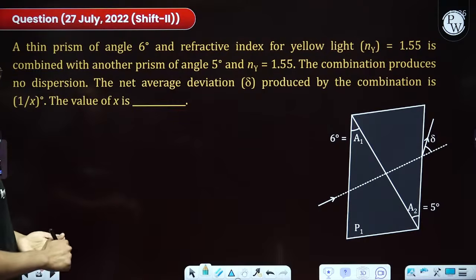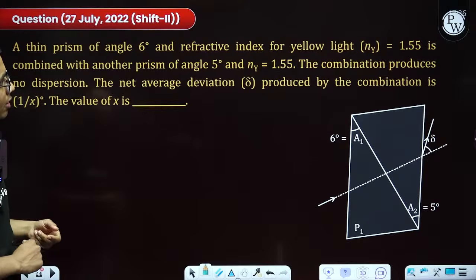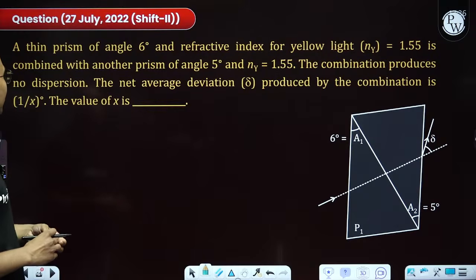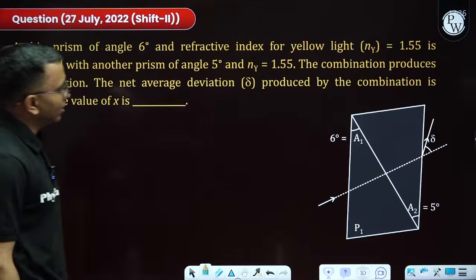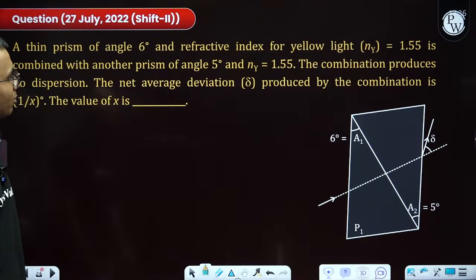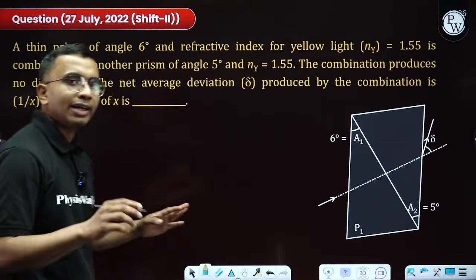Next question. A thin prism of angle 6 degrees and refractive index for yellow light 1.55 is combined with another prism of angle 5 degrees with refractive index given. The combination produces no dispersion. The net average deviation produced by the combination is, okay, net deviation we need.